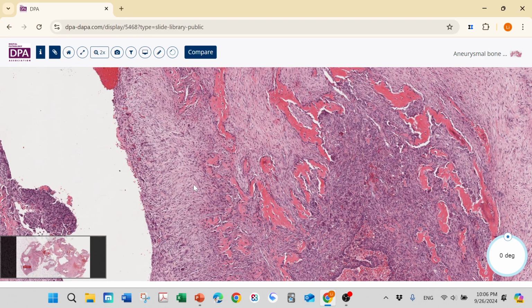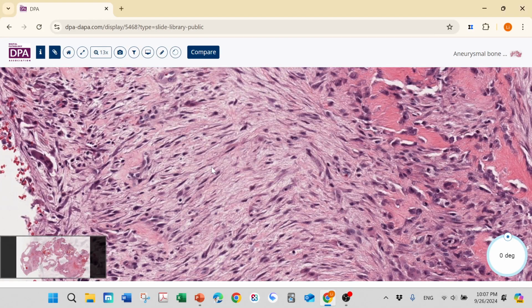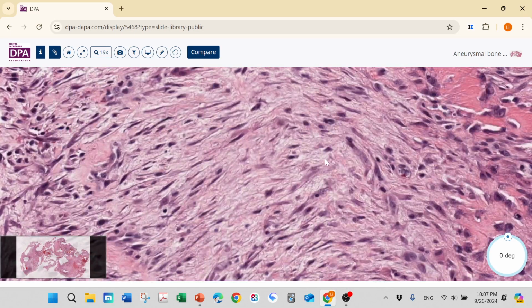Like this area, this spindle cell proliferation does not form any structure. They have some inflammatory cells like lymphocytes in between. And this spindle cell mimics the so-called tissue culture-like area. So these spindle cells just have small strings coming out, looking like fibroblasts in the tissue culture plate.